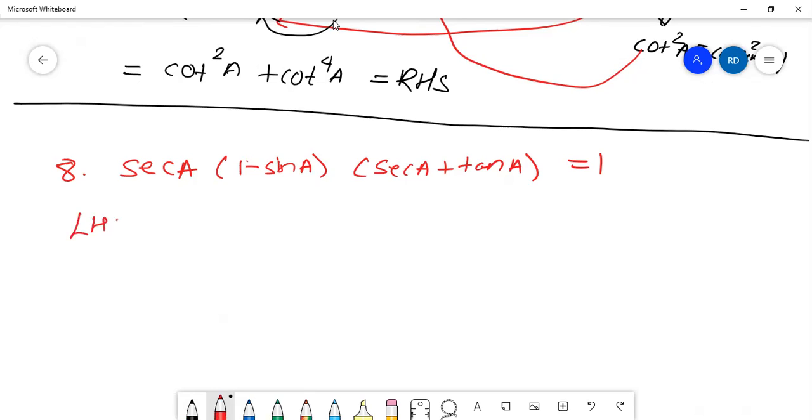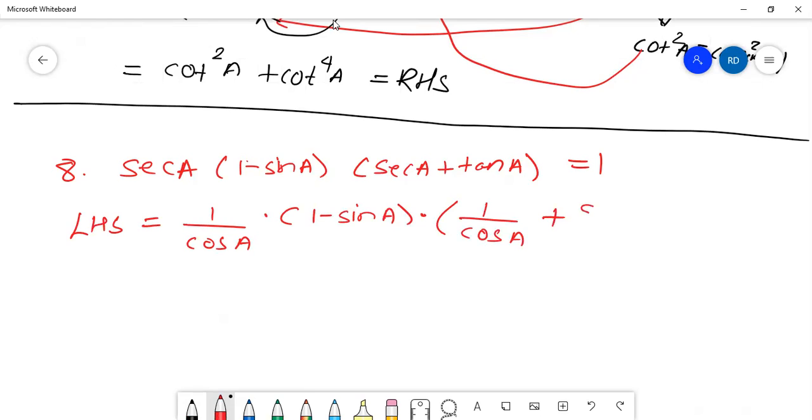So LHS equal to sec A, you can write 1 upon cos A. 1 minus sin A you have to write as it is, and these are in multiplication, so it is represented with dots sometimes. So this is 1 upon cos A plus sin A upon cos A, right? So let's see what we do with this.